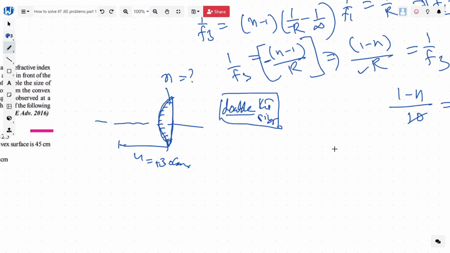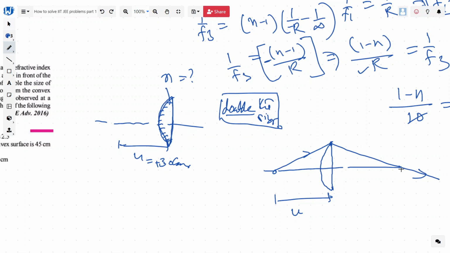So if you remember the last problem, we drew the ray diagram and we figured out that it is going to be perpendicularly reflecting from the mirror, right? Here is our U. Then focal length somewhere like this, converging lens.